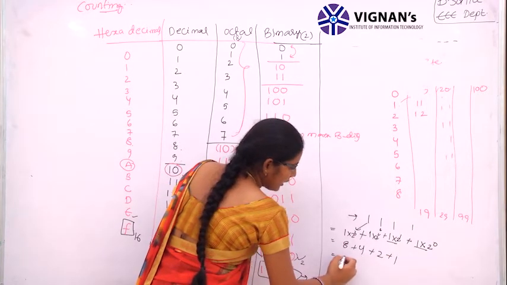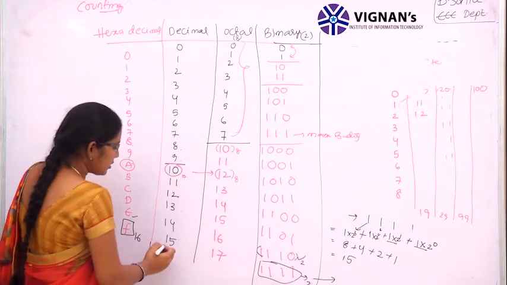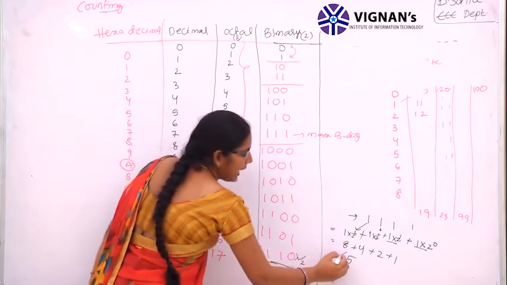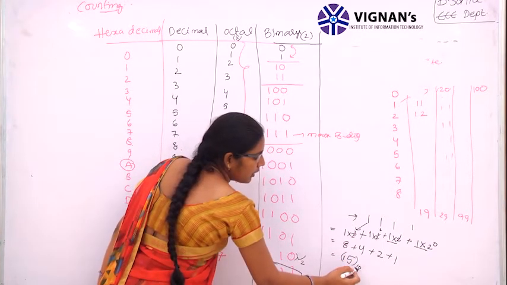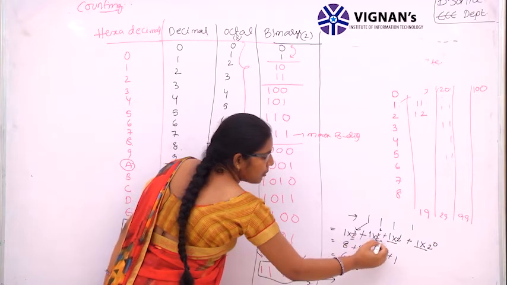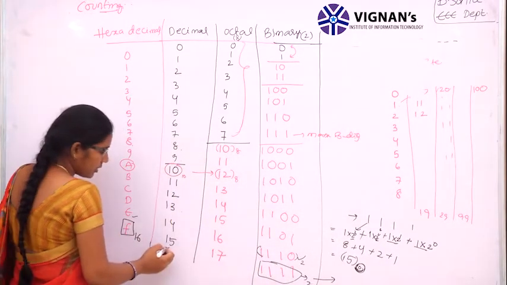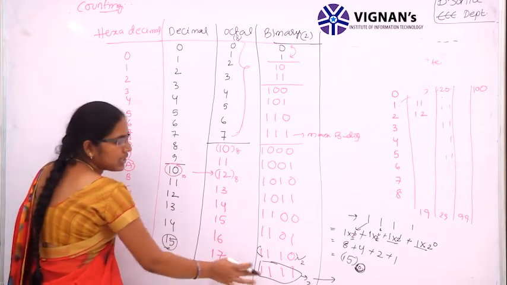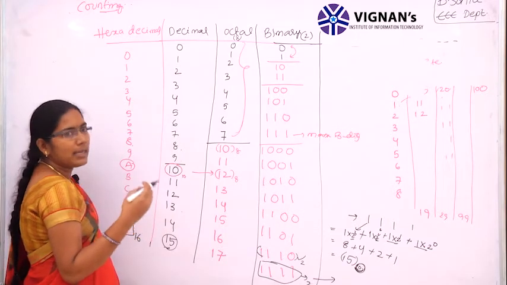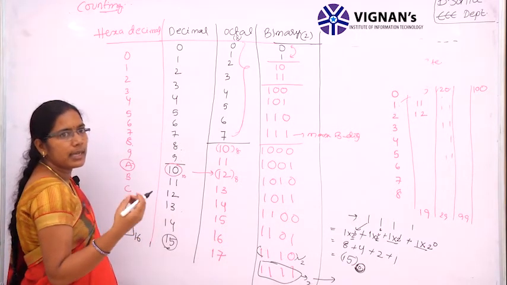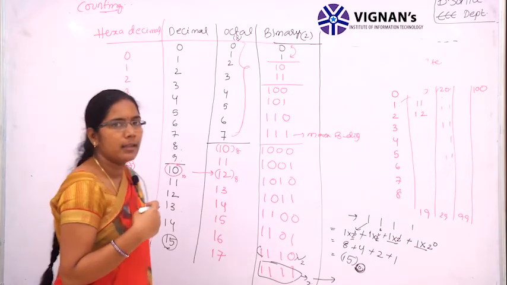This total value becomes equal to 15. So you just compare. When we consider this positional equivalent, it is always equivalent to a decimal value. So the representation is correct. In this way, we can check whether the represented binary value is correct or wrong. Thank you.